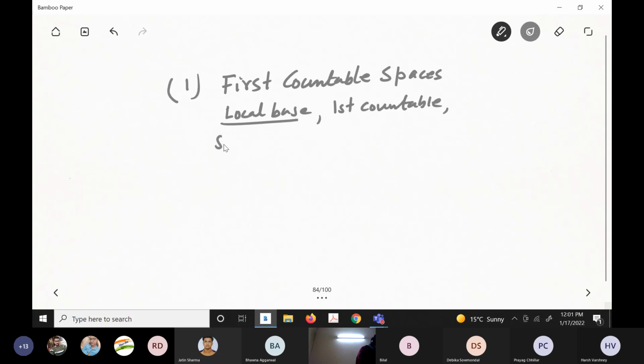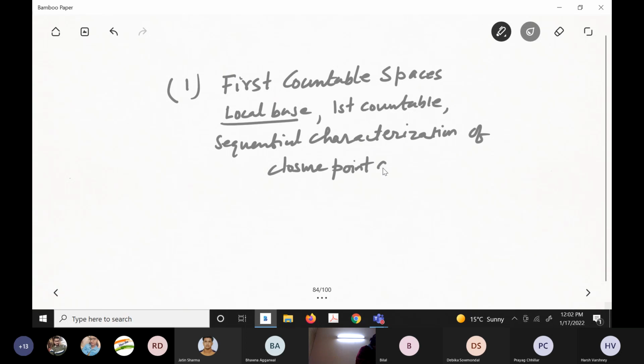That's sequential characterization of closure point and continuity.